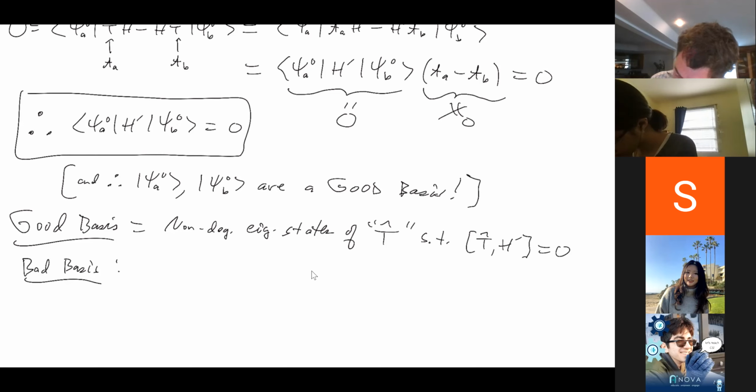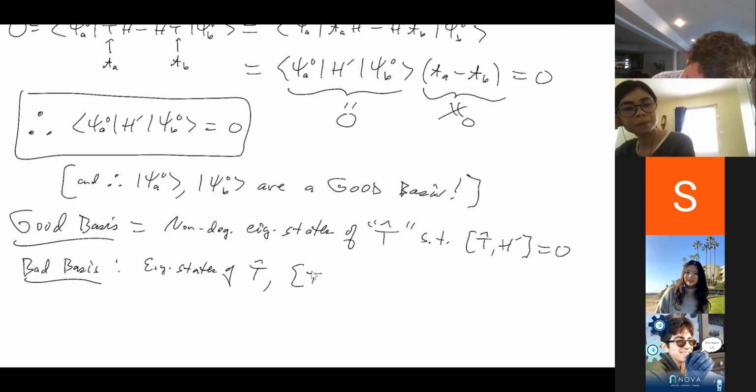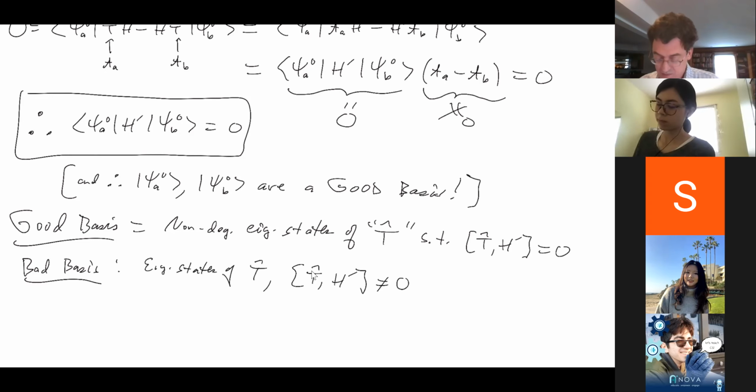But a bad basis is when you have eigenstates of T, and T does not commute with H prime. So this is a quick way to find a good basis, but I will also say it's a quick way to tell whether you have a bad basis.